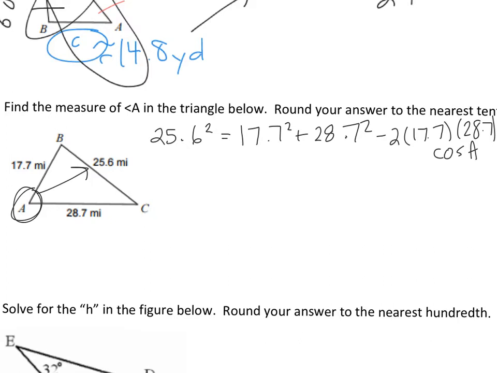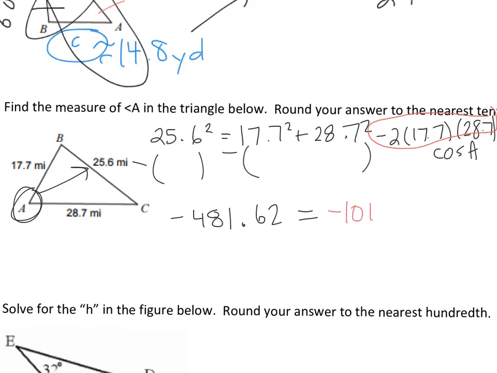When I do that, if I subtract this quantity from each side, I get negative 481.62 equals, and then I'm going to multiply this right here. So I'm going to multiply negative 2 times 17.7 times 28.7, and I get negative 1015.98 cosine A. The next part, I'm going to divide both sides by this expression, and then do cosine inverse to get the angle. So I get about 61.7 degrees if I round to the nearest tenth.